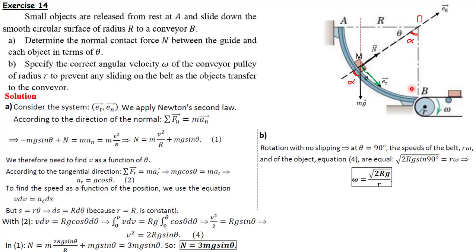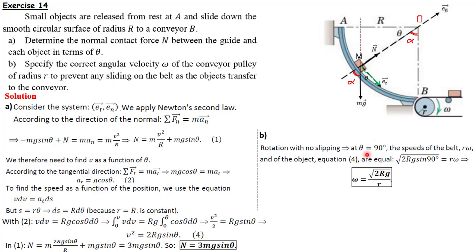So, in other words, we should have a rotation with no slipping in order to prevent any sliding. So at the particular point B where the angle theta is equal to 90 degrees, the objects should continue with the same speed. So the speed of the belt here should be equal to the speed of the objects on the circular smooth surface.